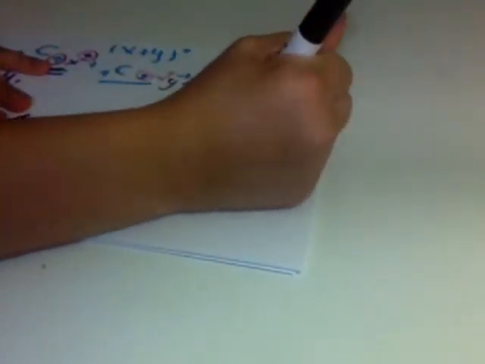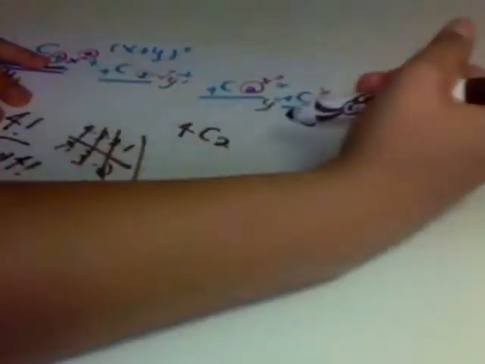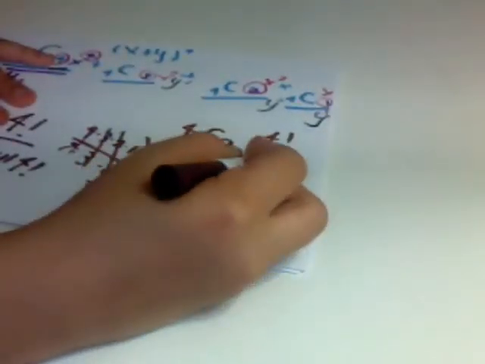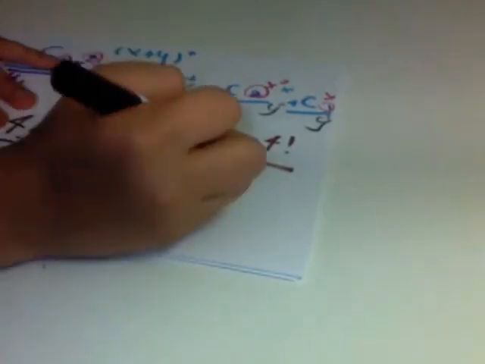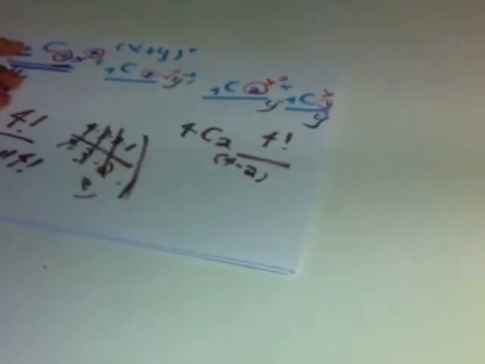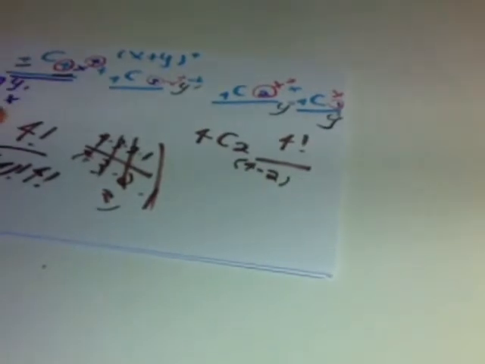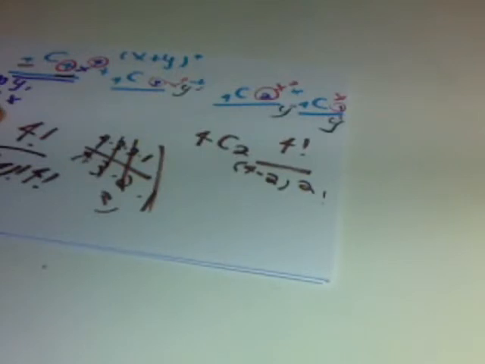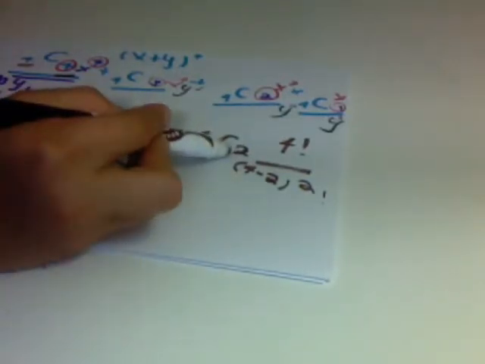Now let's say we're doing 4C2. So we're going to put our lovely 4 up top, and then we're going to do a line, and then parentheses 4 minus 2, as you can see here. And then we are going to do 2 again, as I said previously, because our 2 is here, and we always put that number again at the end.